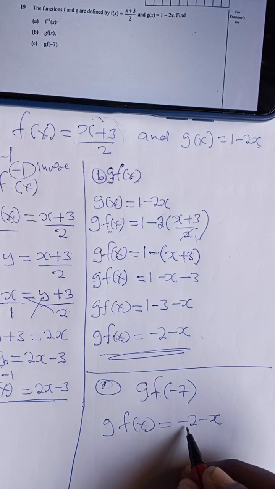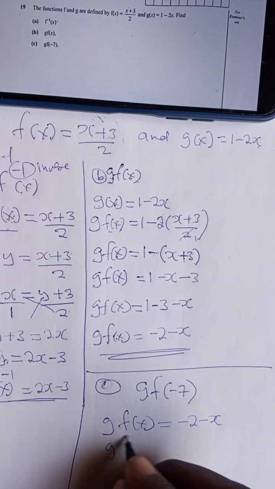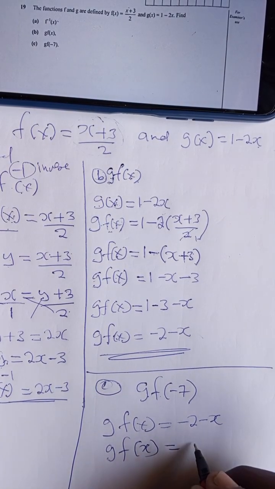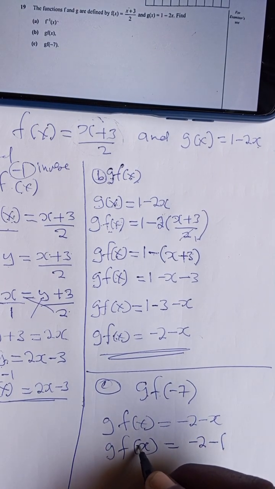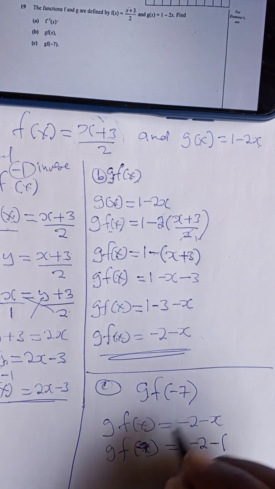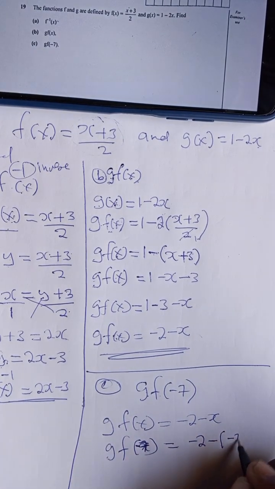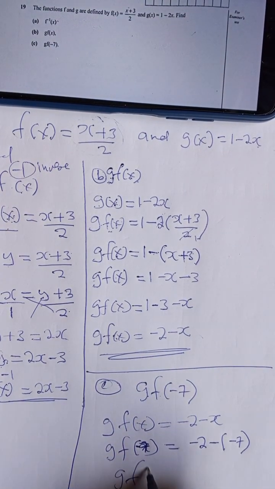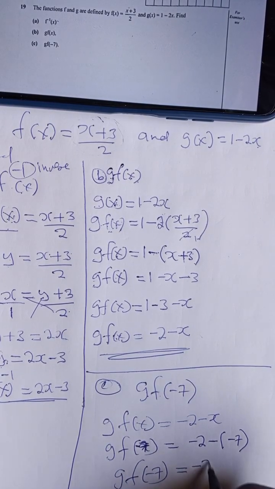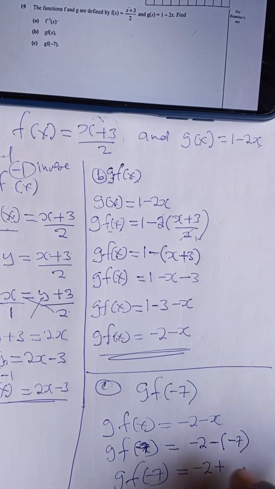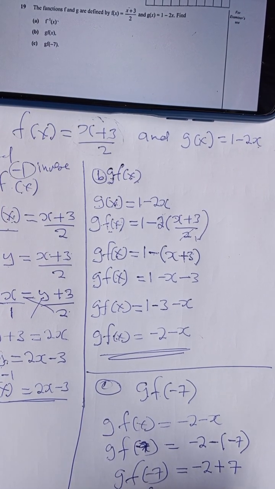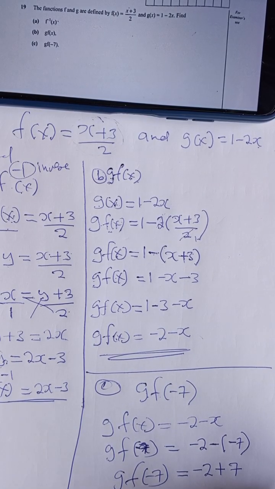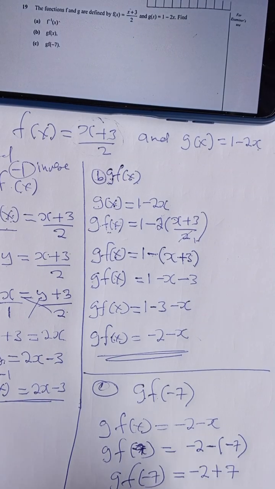This can be written as negative x minus 2, it's one and the same. Where there's x, we replace negative 7. So gf of negative 7 is equal to negative 2, a negative and a negative gives a positive 7, so negative 2 plus 7. Adding different signs, we subtract and take the sign of the bigger number. In this case, we have positive 5.